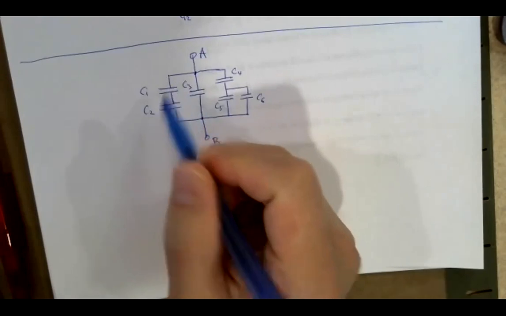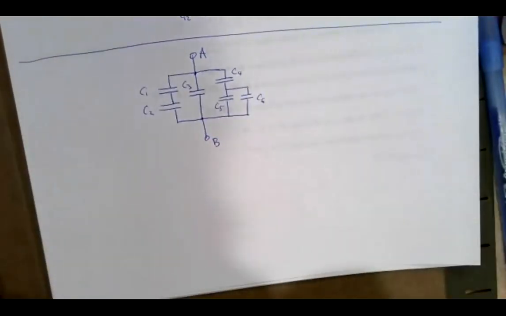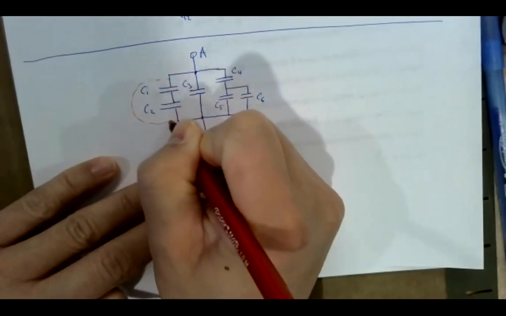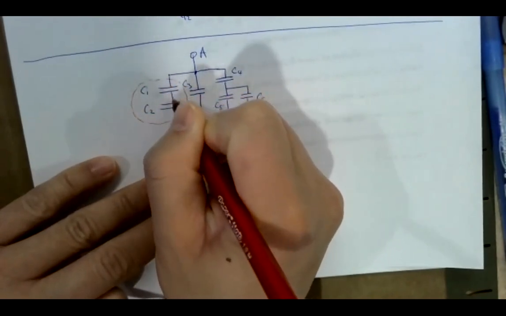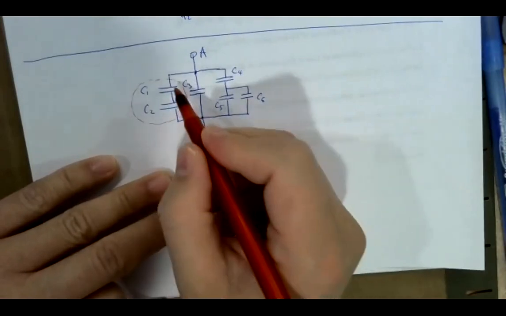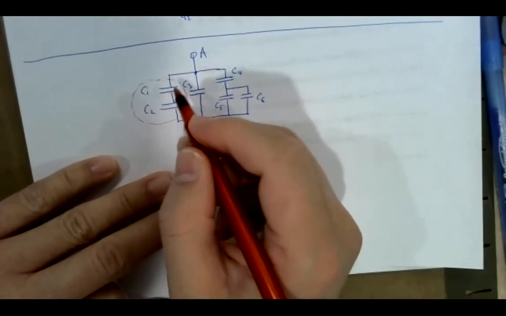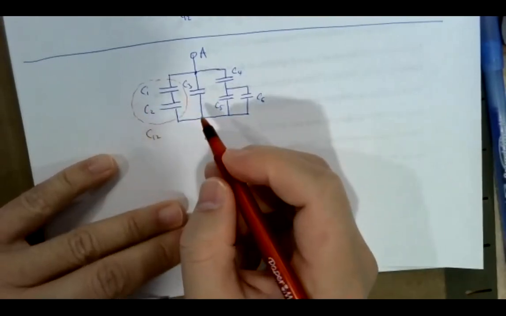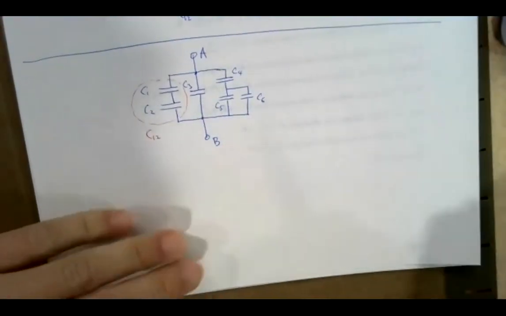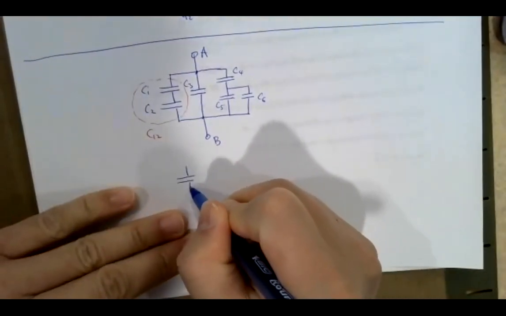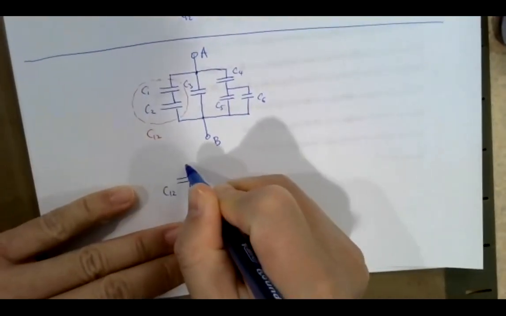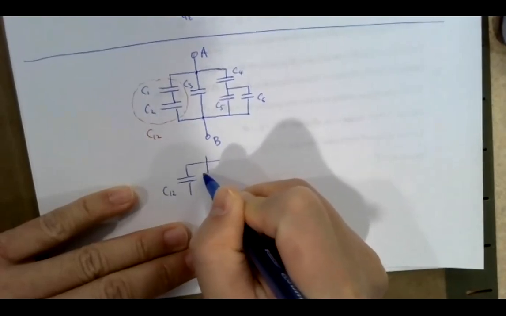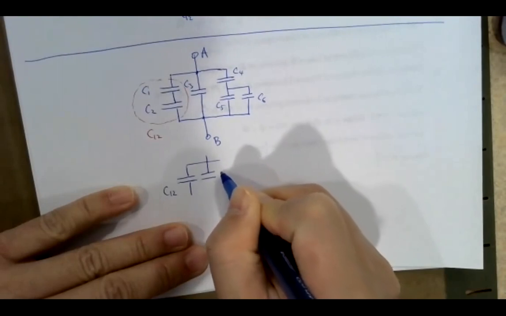In this part of it, they are purely in series, one after another. If you replace this with a C12, the equivalent of 1 and 2, then this now becomes C12 and then a C3 here.